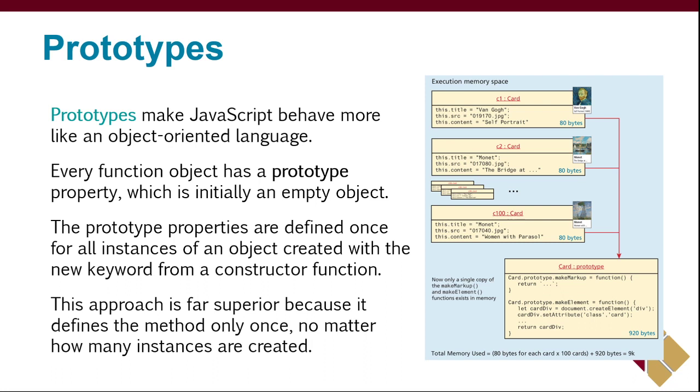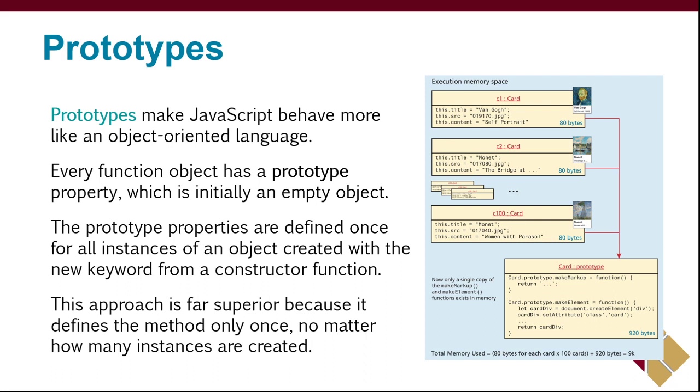And then once the prototype properties are defined once, every instance of an object with that keyword of whatever prototype we're using uses that same one. So instead of, in the example below, having the markup that was 920 bytes, and every time you had an item, it was calling that 920 bytes.